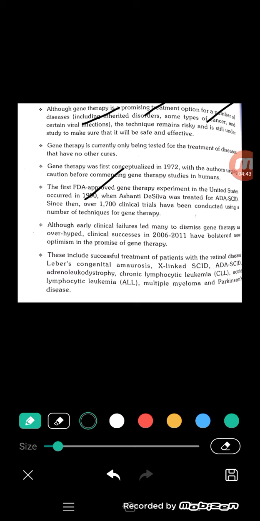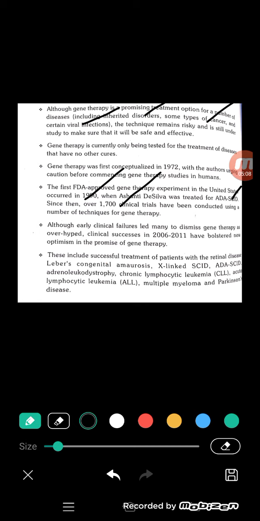Since then, over 1700 clinical trials have been conducted using a number of gene therapy techniques. Clinical trials are conducted before a drug enters the market.